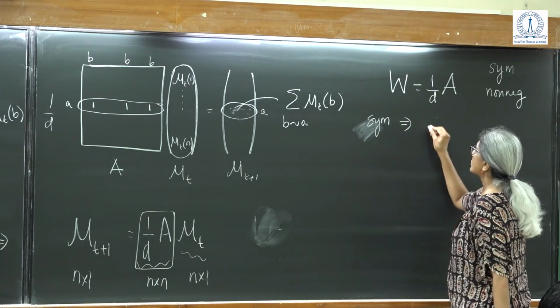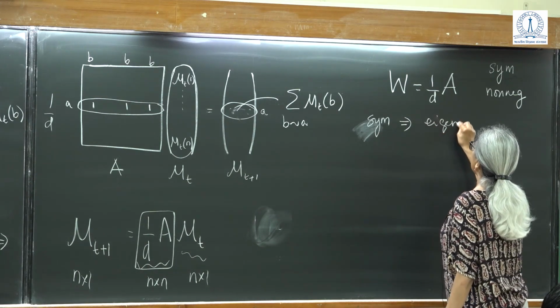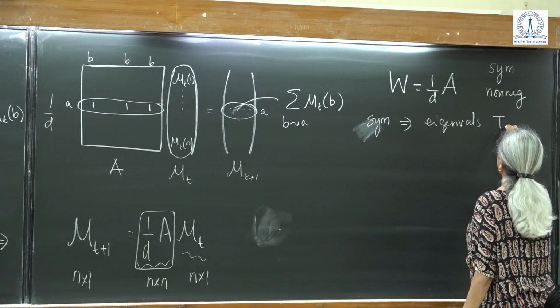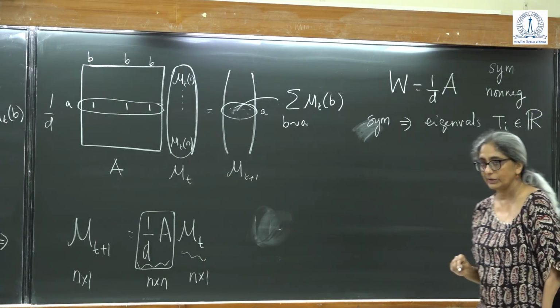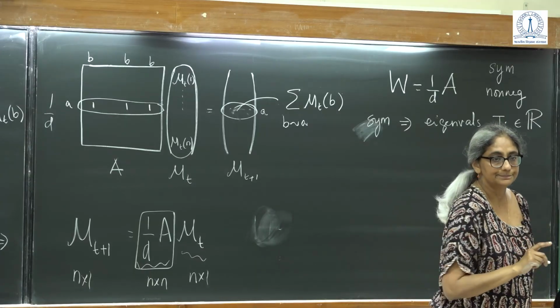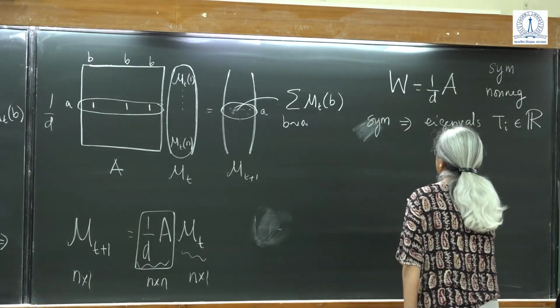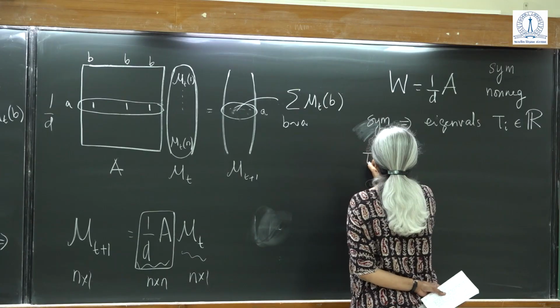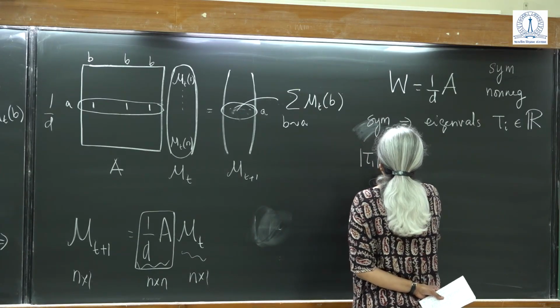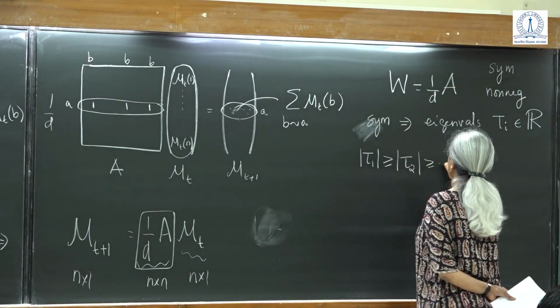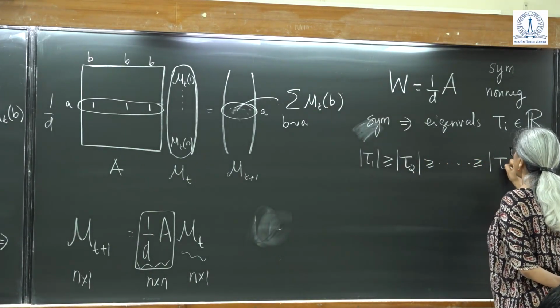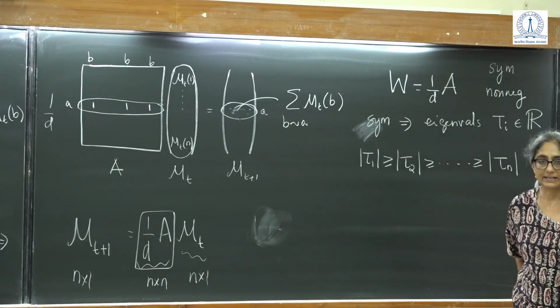So let's say the eigenvalues are called tau i, and these are real, and we're going to order them in absolute value. So different from yesterday, I'm going to say the first one is tau 1, and its absolute value is greater than or equal to tau 2, greater than or equal to tau n. We'll see an example in a second.